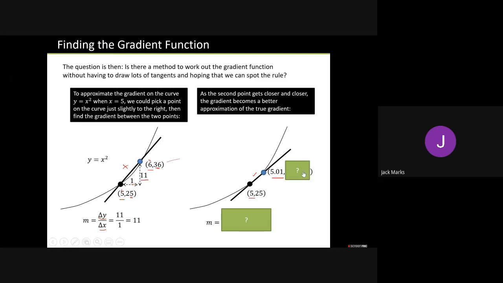Well, if it's still x squared, you just square it. And difference in y over difference in x, chuck this in a calculator, and you get 10.01. So it's definitely different to 11, 10.01, which is pretty good. The real answer, by the way, is 10. So if you make the x gap between them, the difference in x, very, very small, you'll get a very close answer.